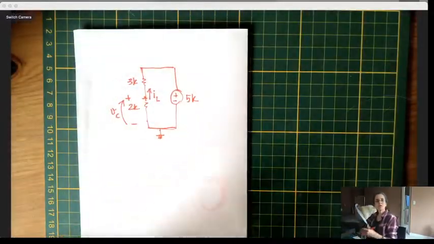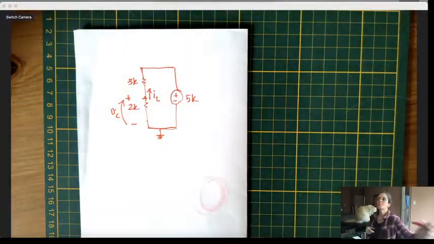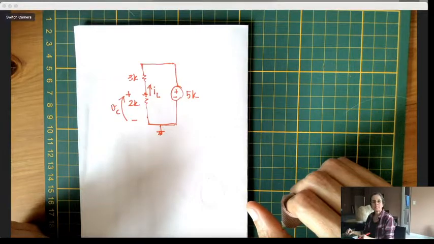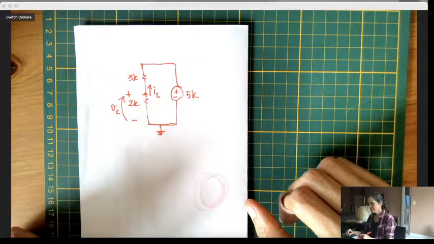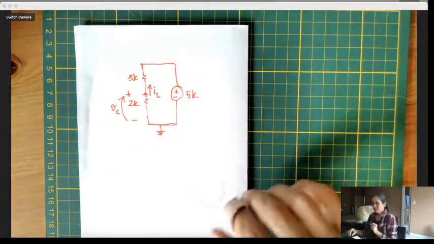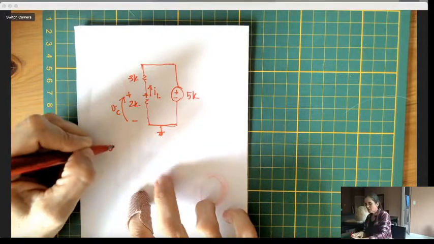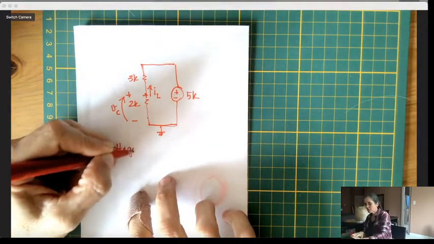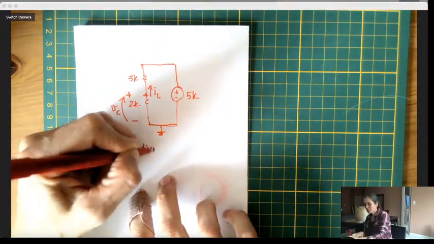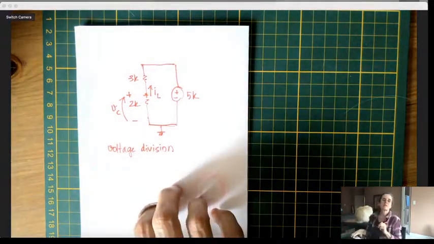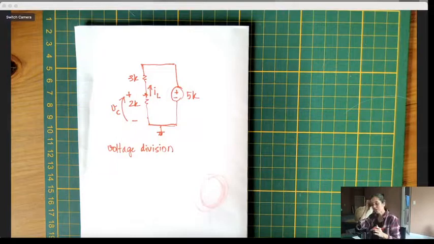In general, if you have a circuit like this and it's two resistors in series, you hopefully remember voltage division. And voltage division says the voltage across two or more resistors in series is directly proportional to their resistances.